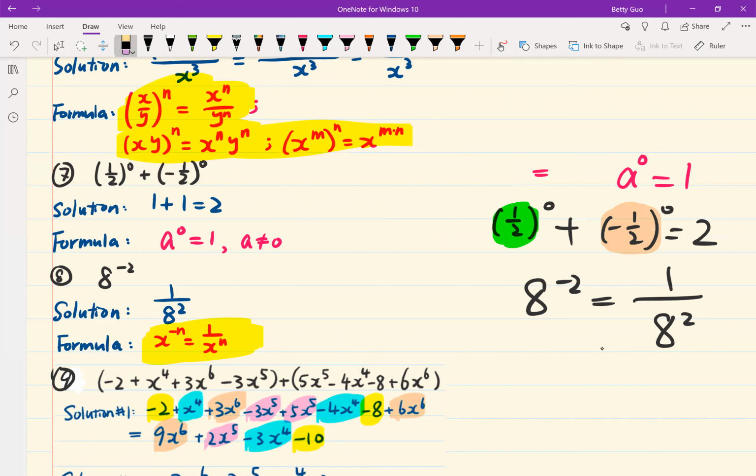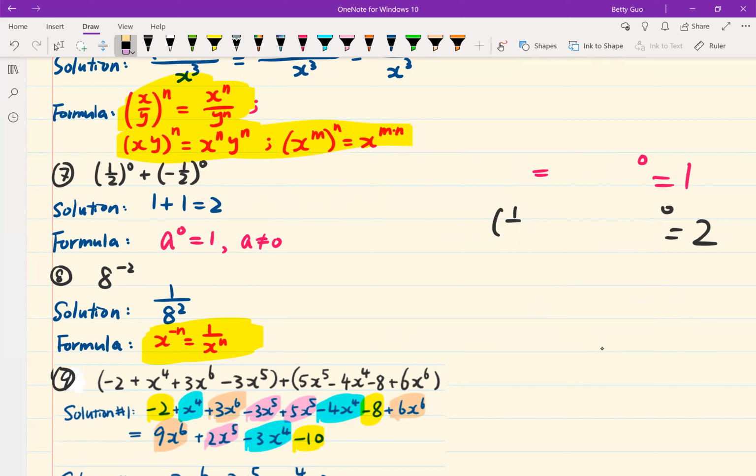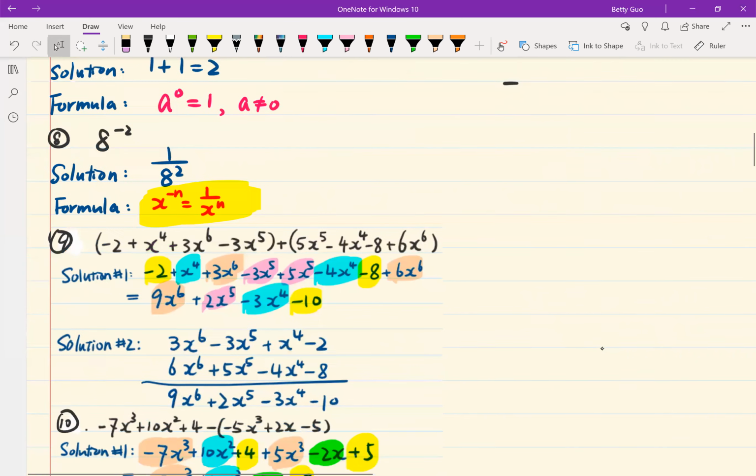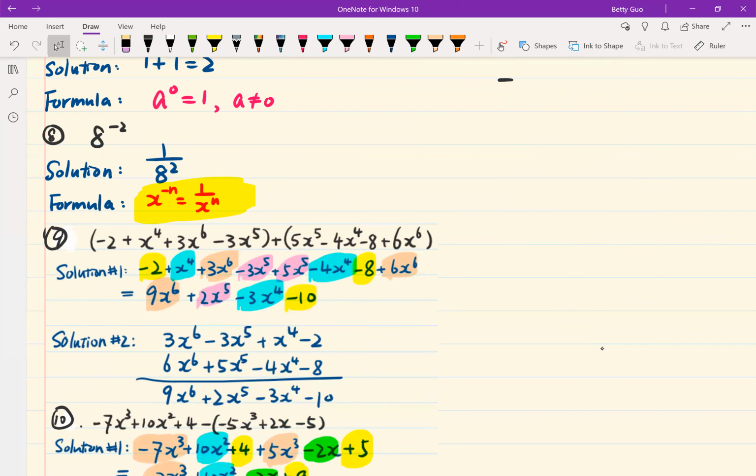Let's see number 9. Number 9 is an addition of 2 polynomials. In my notes, I applied 2 different methods to take the sum of the 2 polynomials. Here in the video, I'm going to only apply one method, the vertical method.